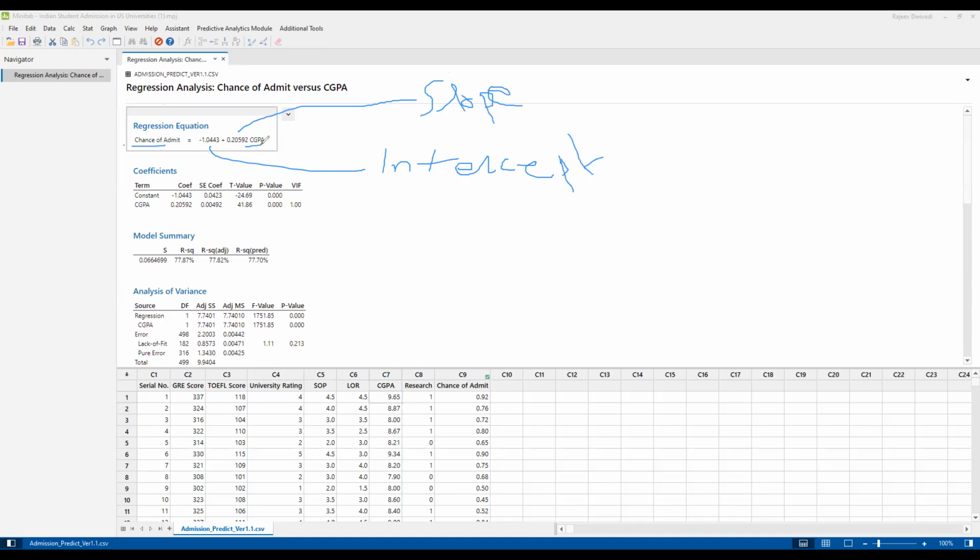Now we want to see whether this regression model is valid or not. There is a null hypothesis and an alternative hypothesis. The null hypothesis H0 is that all constants are 0.